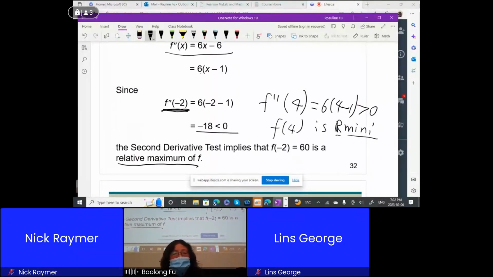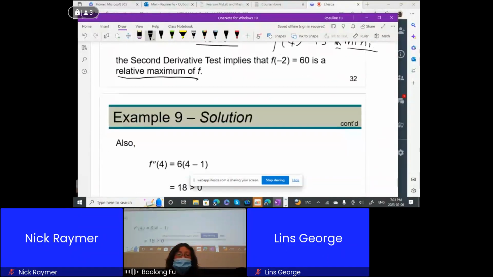Relative minimum, because the second derivative is greater than 0. Any questions?